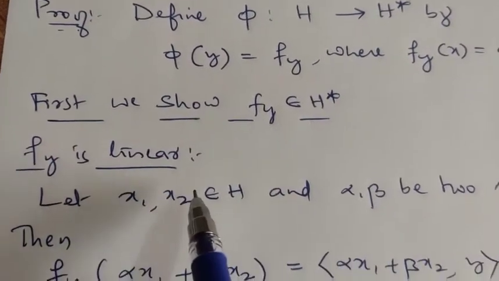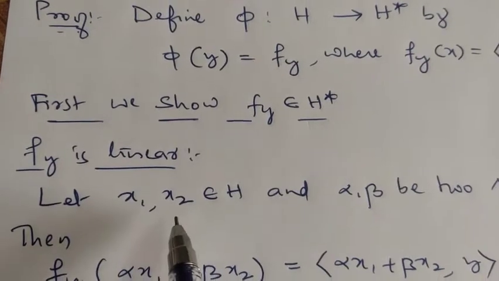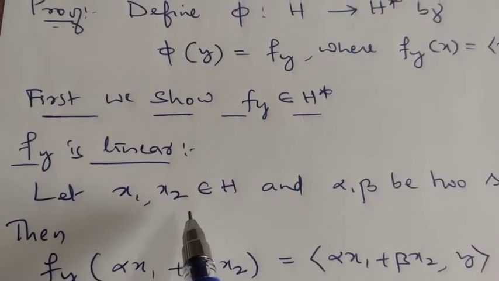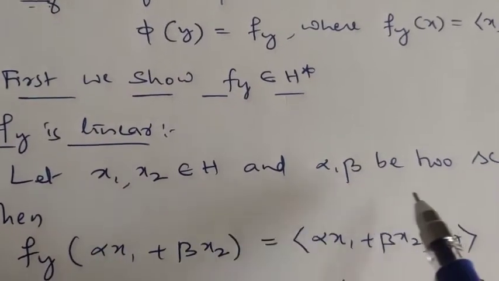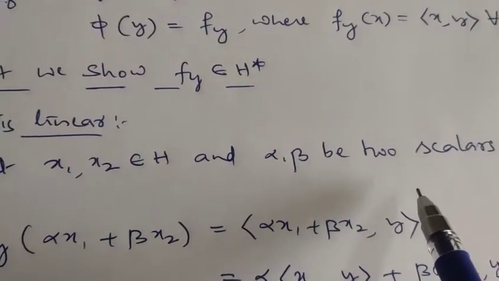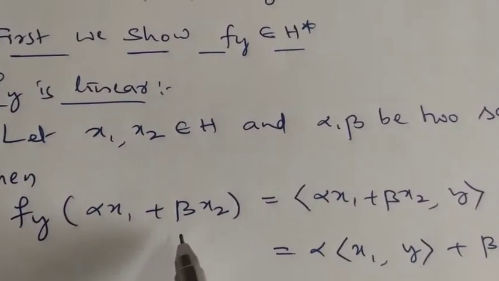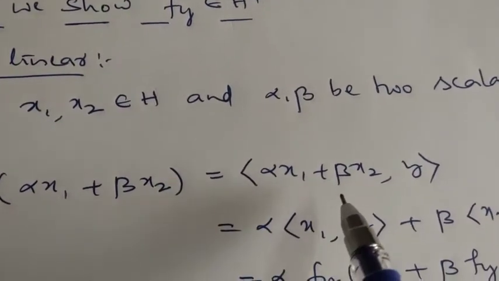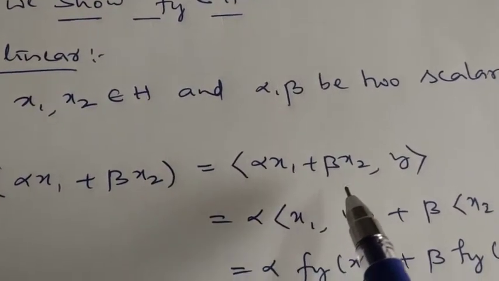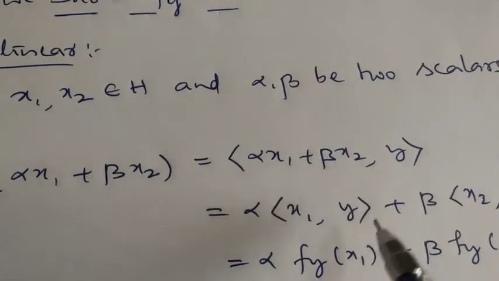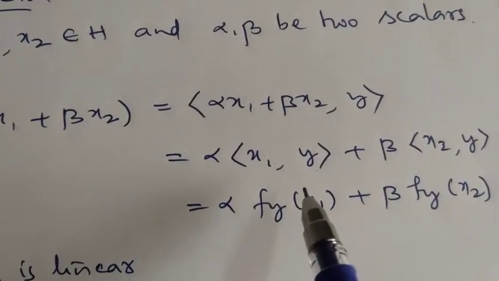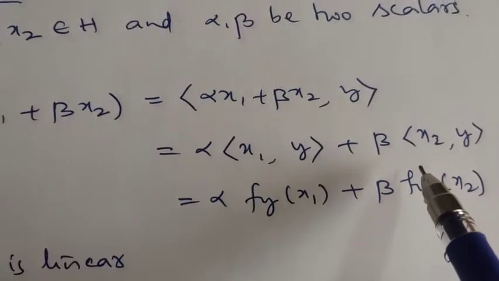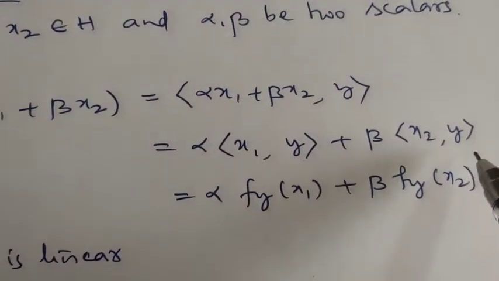So Fy is linear. For this, let us take any two arbitrary points x1 and x2 belonging to H, and alpha, beta be scalars. Then Fy of alpha x1 plus beta x2 is, by definition, the inner product of alpha x1 plus beta x2 comma y. This is equal to alpha times the inner product of x1 comma y plus beta times the inner product of x2 and y.